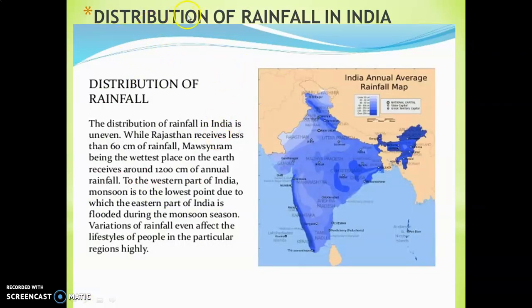Now the next topic is distribution of rainfall in India. As I have told you, there are different states in India, so the distribution of rainfall is highly uneven. Some states receive very high rainfall, some states receive less rainfall. Rajasthan receives less than 60 centimeter of rainfall.